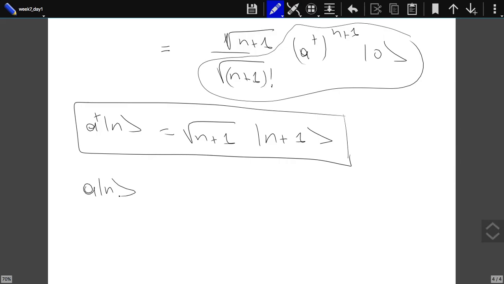Now let's try to calculate A acting on |n⟩. This will be equal to 1 over square root of n factorial a dagger to the power n acting on the ground state.